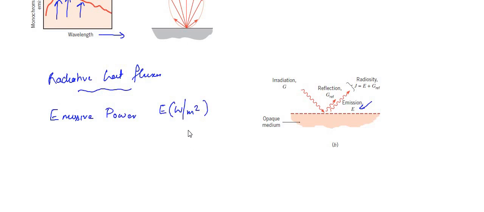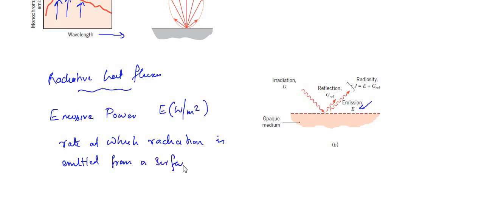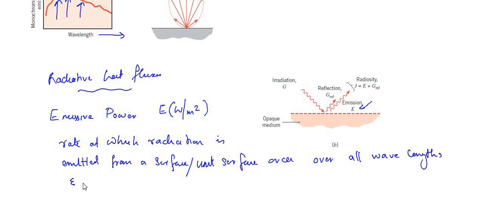Now the emissive power is the rate at which radiation is emitted from a surface per unit surface area, over all ranges of wavelength and in all directions.